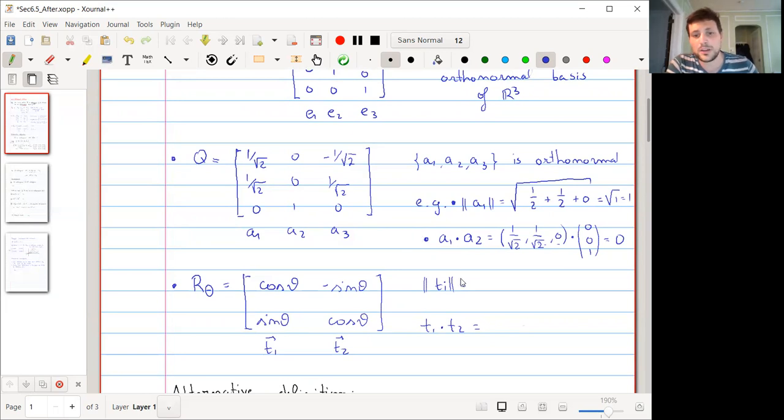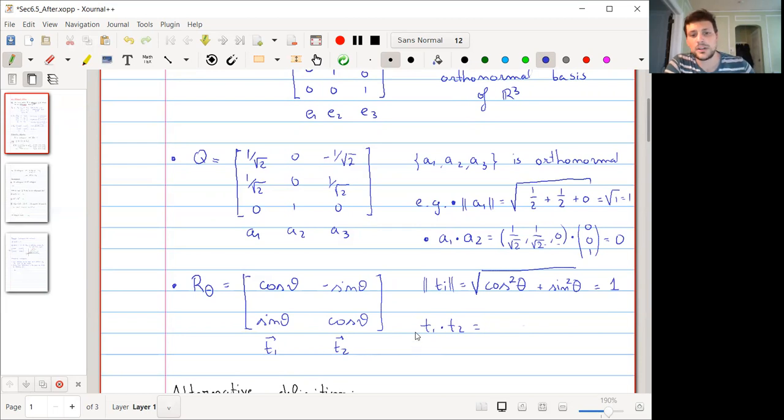If you like algebra a little bit more, you'll notice that in both cases, for both columns, the norm of these vectors is given by the square root of the sum of the squares of their entries, which in both cases is cosine squared plus sine squared, which is equal to 1 by the Pythagorean identity. So we're taking the square root of 1, which is 1.